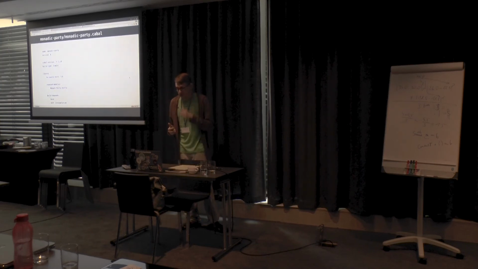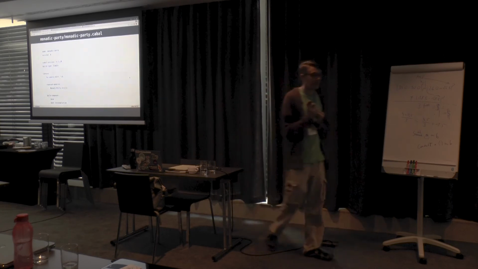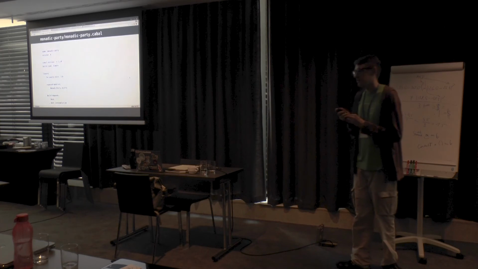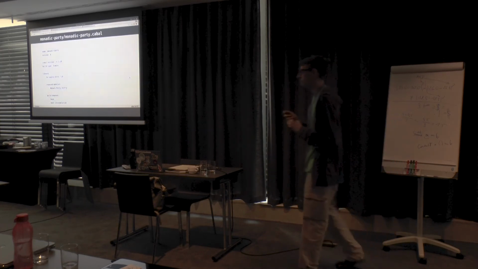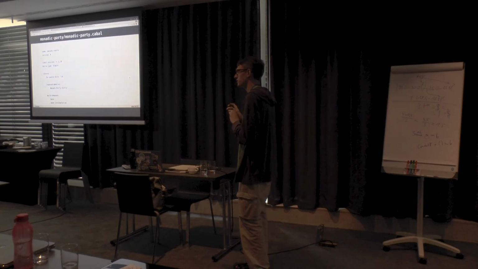I wanted to show you the cabal file to emphasize what a minimal cabal file looks like. Because the default, if you use something like stack new, is going to give you a lot of things that are mostly designed for libraries. And if you really just want to be able to run something and deploy it to a server, this is the minimum amount of cabal file information that you need.